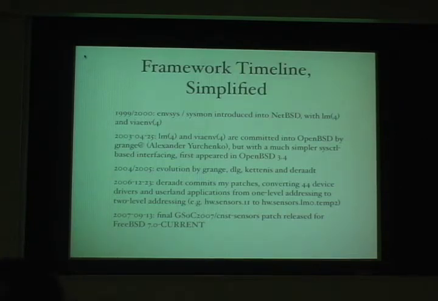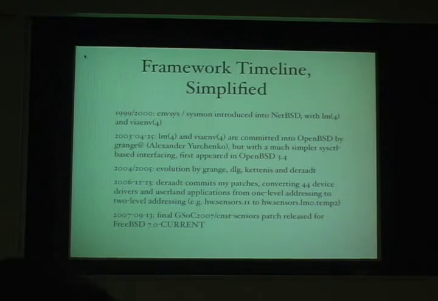But instead of porting the framework, he designed a much easier sysctl-based framework. Actually, the NetBSD documentation for envsys said that envsys should be replaced by sysctl interfaces should they be developed. And lm78 and viaenv first appeared with the simpler sysctl-based interface in OpenBSD 3.4.